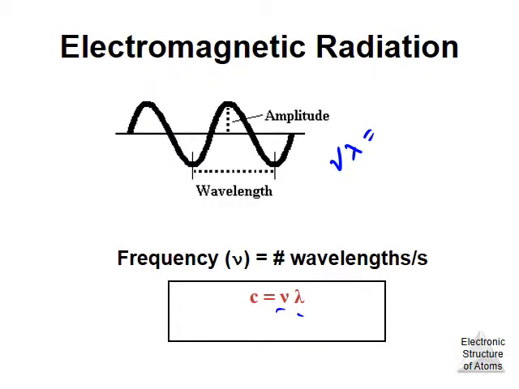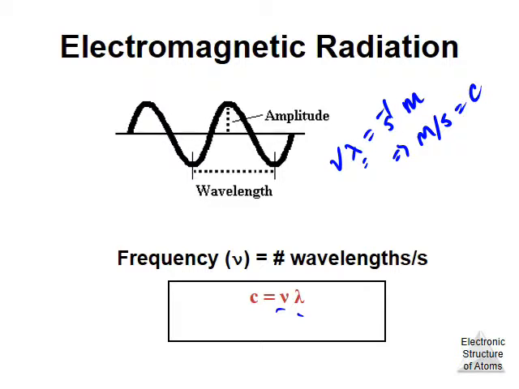So that's per second, number of wavelengths per second, and lambda has the unit of meter. So what you have here is meter per second, and we know that meter per second is nothing but velocity. In this case, it's the velocity of radiation, and that's the same as the velocity of light.